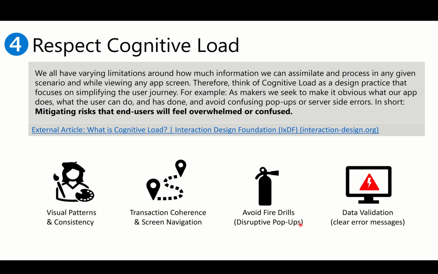Now, I could talk for three days on cognitive load. Long story short, it's about mitigating risks that end users will feel overwhelmed or confused. So they're looking at screens, dialog boxes, adaptive cards, whatever they're looking at. We don't want them confused as to what am I supposed to do here? Or which button should I press first? And how did I get here?